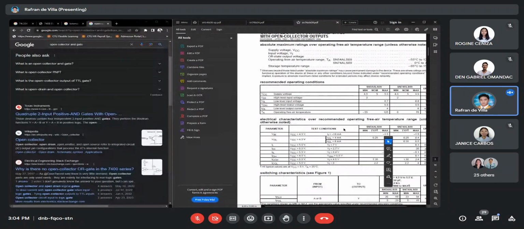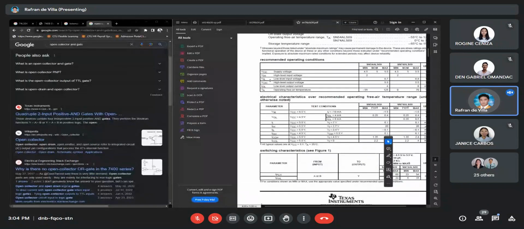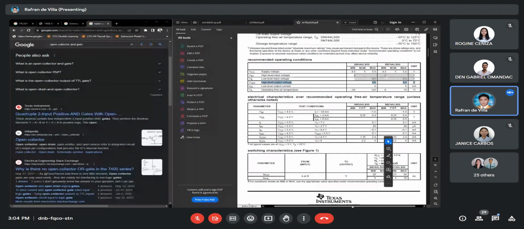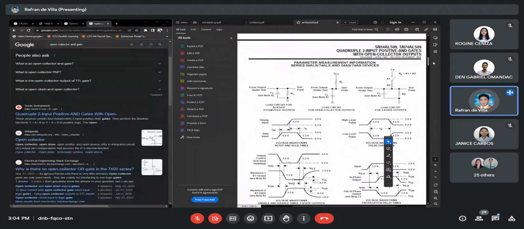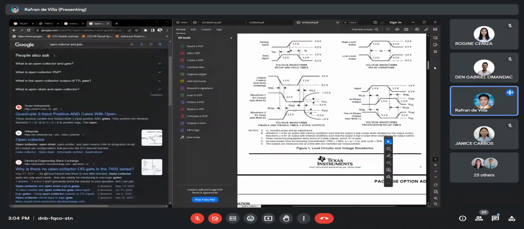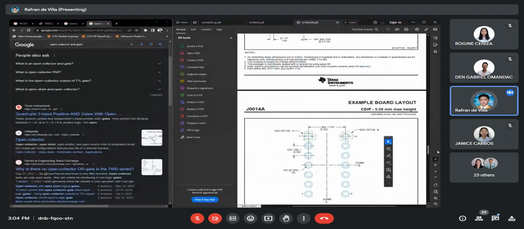But its output voltage, as you can see on the data sheet, reaches 5.5. So why 5.5? It has something to do, guys, with the configuration of the output circuit.